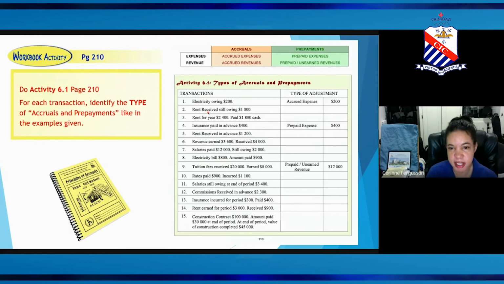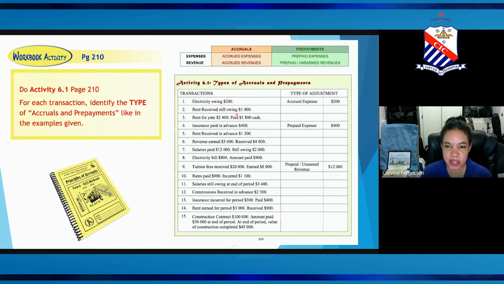Rent received, is that an expense or is that revenue? Because it is received, it is revenue. So your answer here would be revenue. And how much is accrued? They told you already. It is $1,000. So I'm not going to wait for you because you're going to have to go and do this again to see if you remember or get it.